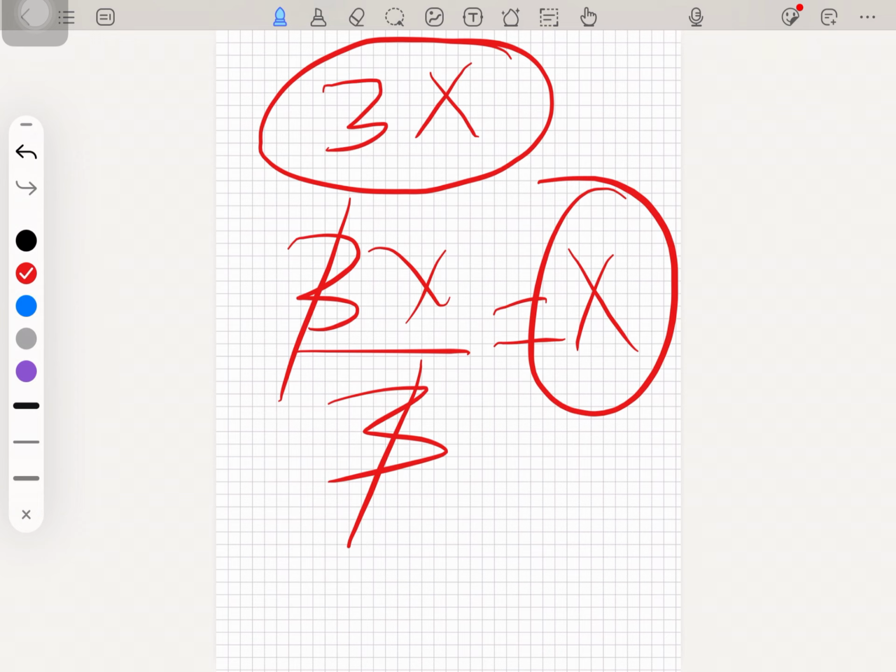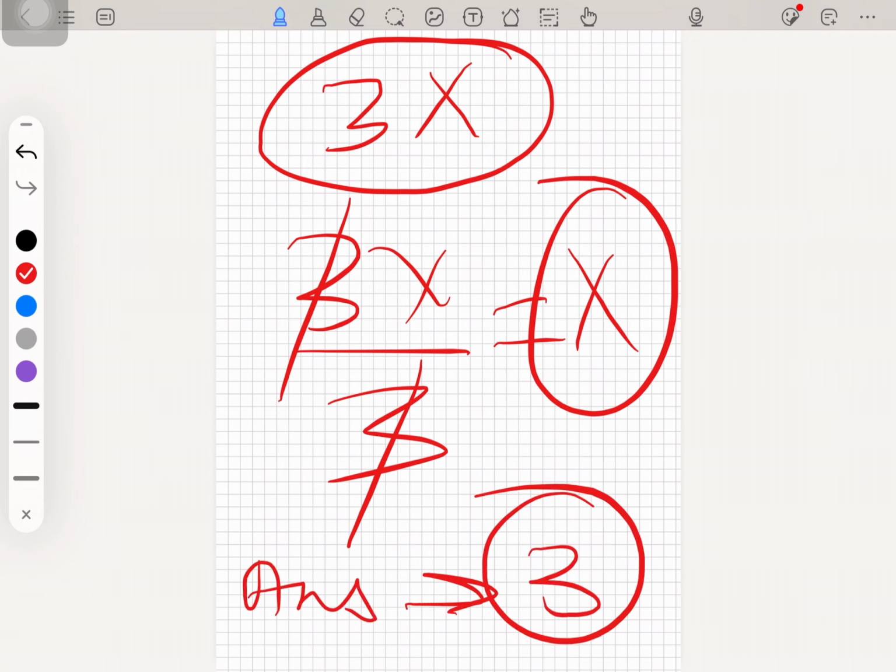So the answer for this question is 3, and for sure 3 will perfectly divide because 3x by 3 will give you simply x, no decimals, nothing, because 3x by 4 will give you a decimal, 0 point something or something like that, right? So yeah, 3 is the answer to this question.